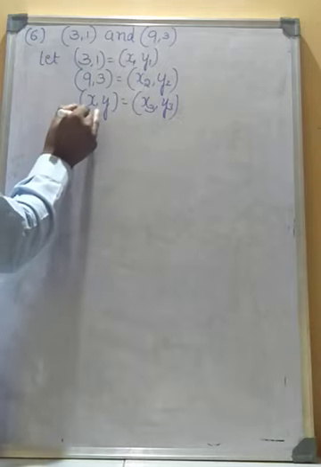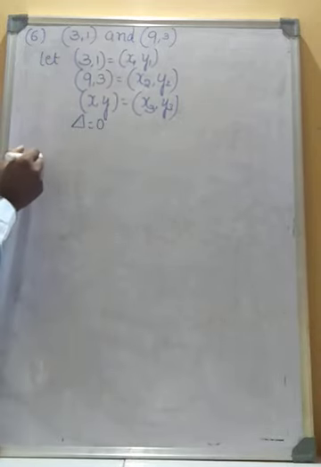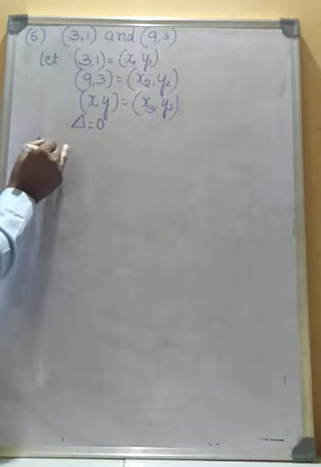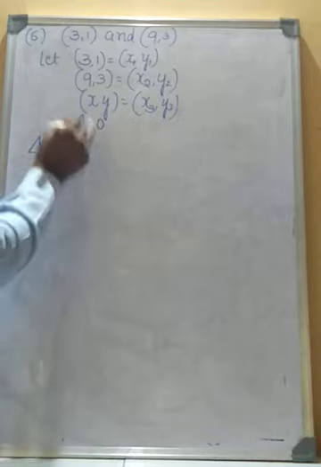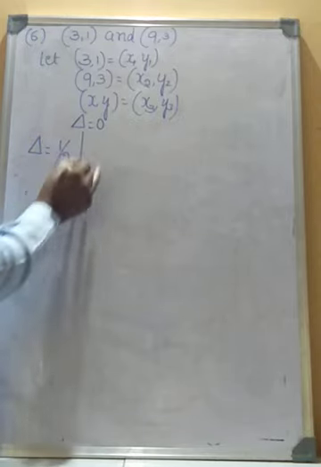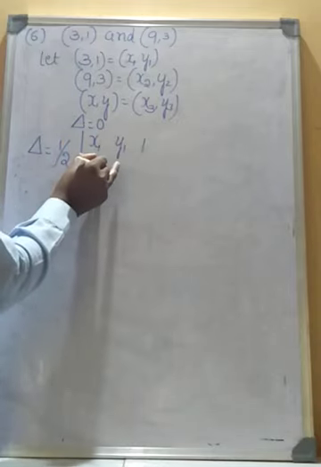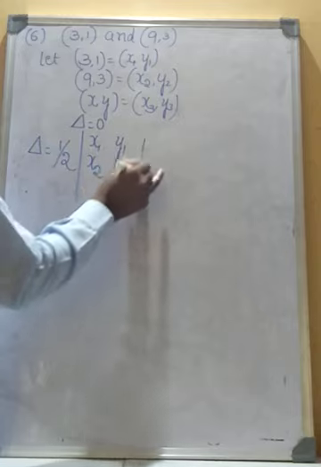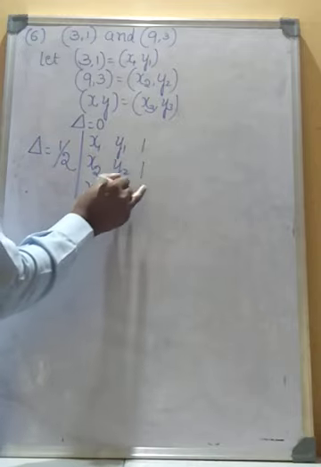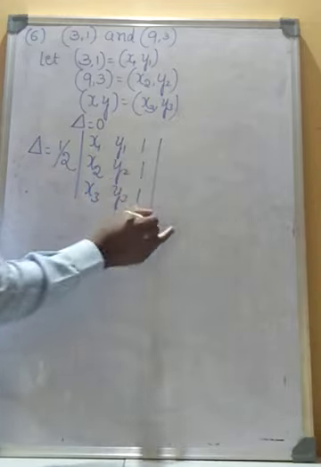Delta is equal to area, that is 0. So the area of triangle is given by 1 by 2 into determinant of x1 y1 1, x2 y2 1, x3 y3 1.